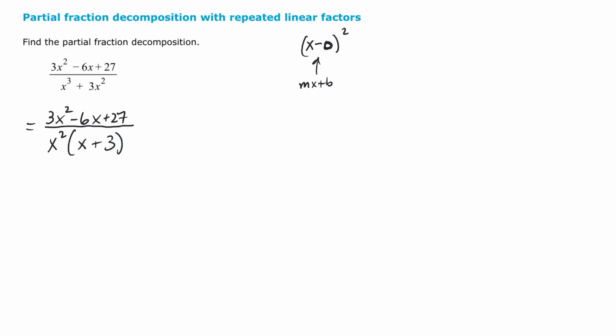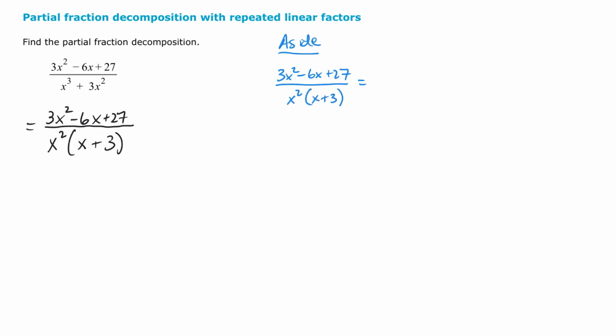All right. Now, off to the side, we are going to perform the algorithm for partial fraction decomposition with linear factors. The first thing you're going to do is write your work very neat off to the side. We've got 3x squared minus 6x plus 27 over x squared times x plus 3.